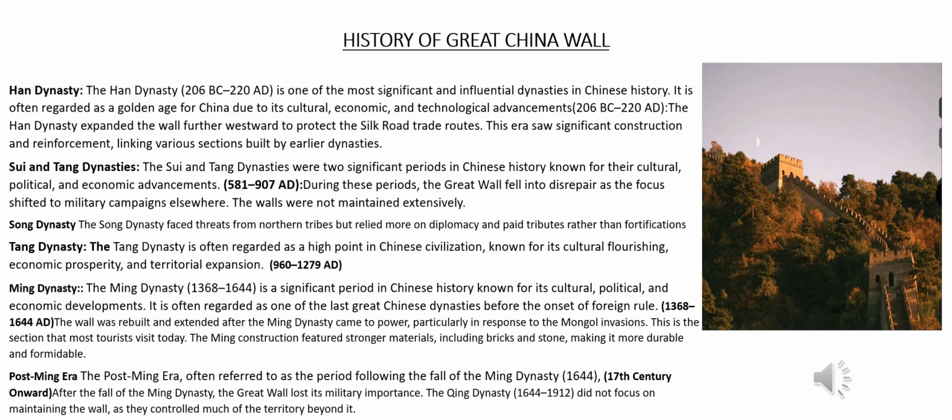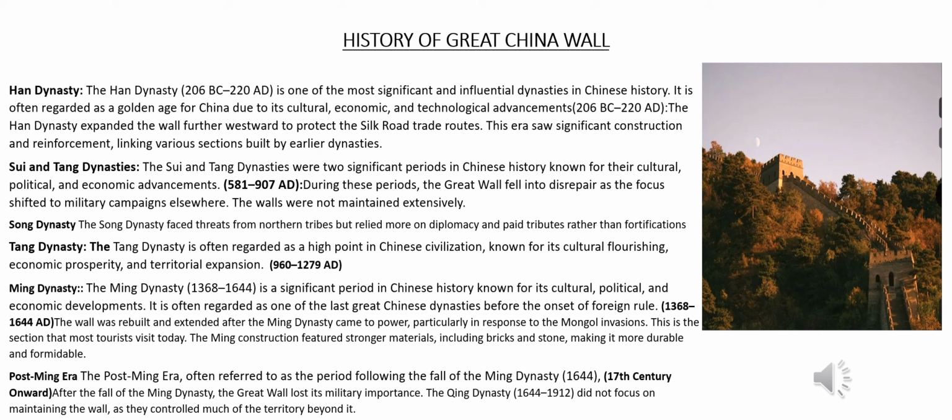Dear viewers, you can read the dynasties that came into being in China in different periods. I will just briefly read the names of the dynasties and their periods. Han dynasty was from 206 BC to 220 AD. Sui and Tang dynasty was 581 to 907 AD.